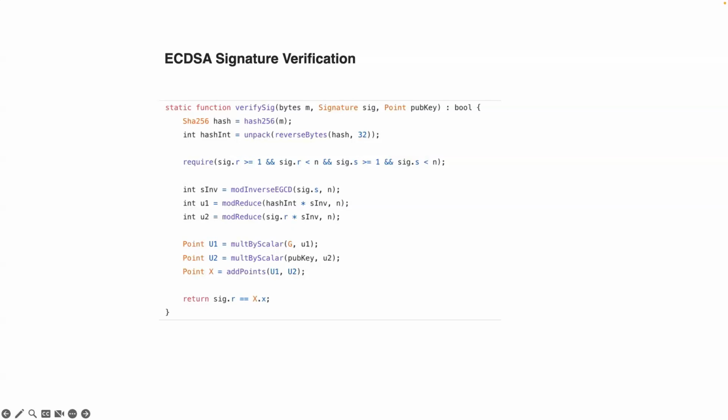Very quick comment. In this algorithm, G was the point on the elliptic curve that you multiply, that serves as a basis. The generator point base. Exactly, the generator point.